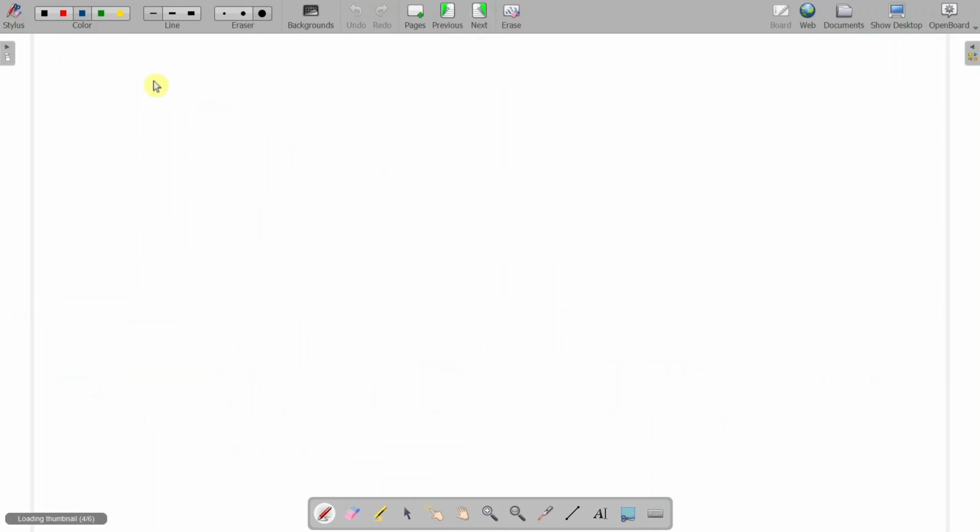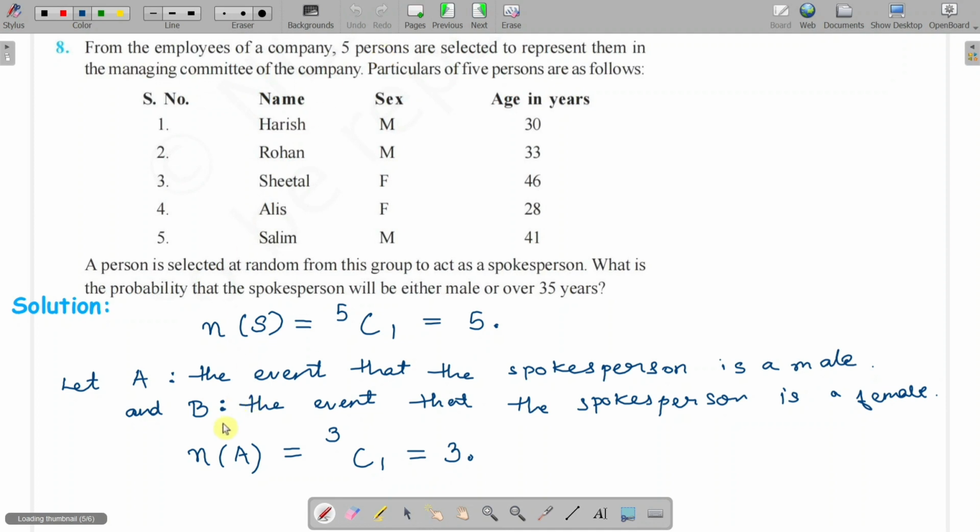Now nb, let us look at. Now nb means the number of elements in the set B, that is B is nothing but the event that the spokesperson is a female. Oh sorry, what I have done here is the spokesperson is over 35 years, it is okay. So this is the event B. What is event B? The event that the spokesperson is over 35 years.